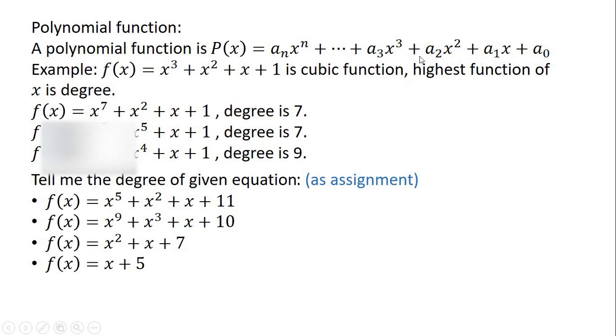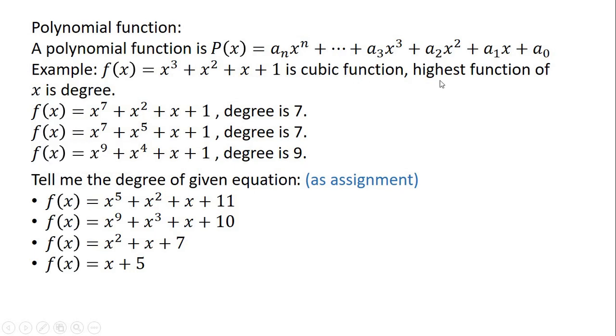The a's are constant values, but x is the variable. n is also a number, any constant. Suppose we have an example, f of x equals x cube plus x square plus x plus 1. This is the cubic function.